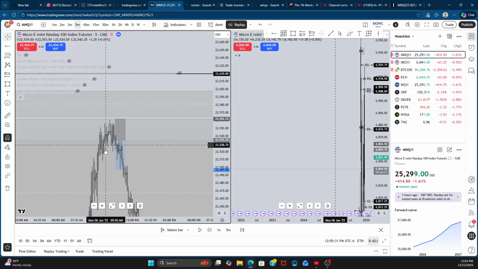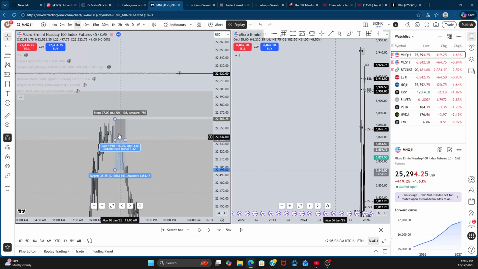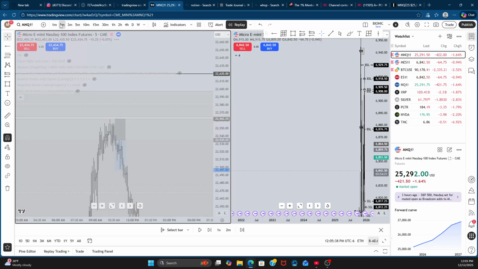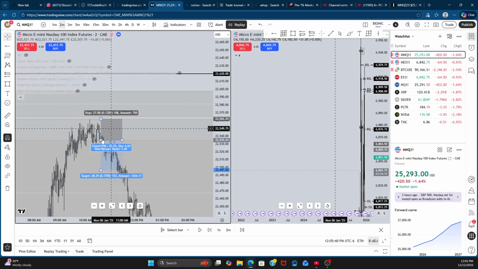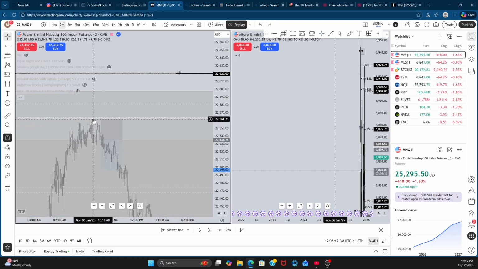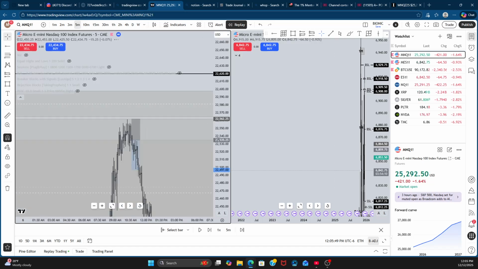Before that point, we had low resistance here, failure swing low, failure swing low, this one took it out, but we can even go down into the 2 minute. Bunch of high resistance. We keep sweeping out the highs, and we're leaving low resistance, right? And we have an unfilled range.